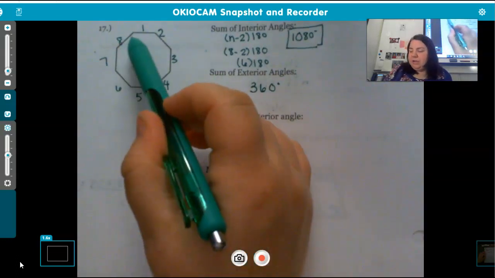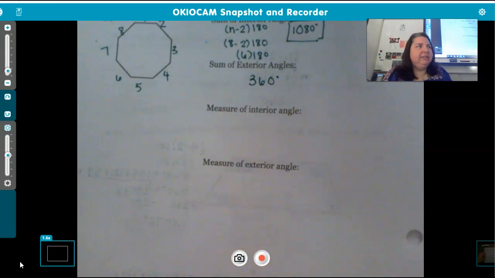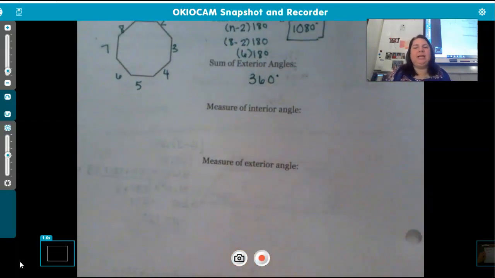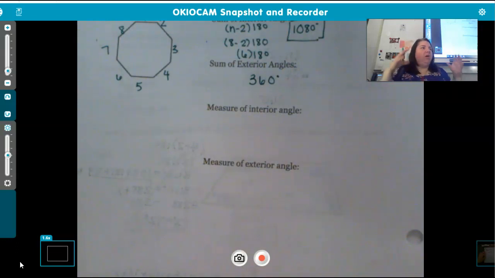If every single one of these 8 angles has the same measure, and they all together have to equal 1080, how am I going to solve this?